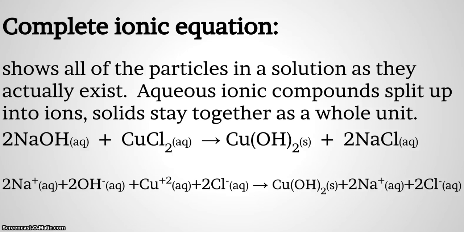Okay, so now let's look at what's called a complete ionic equation. So when you have a complete ionic equation, it shows all of the particles in a solution as they actually exist. So aqueous ionic compounds, we have to show those split apart into ions. Solids stay together because they're still bonded.